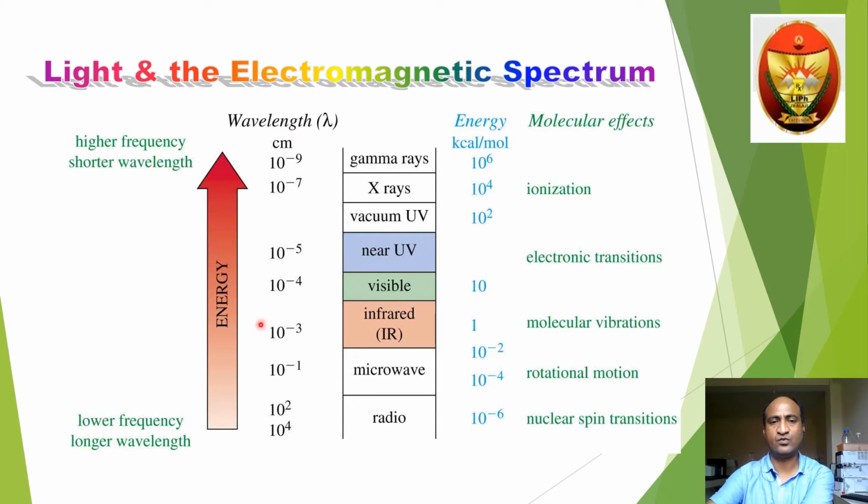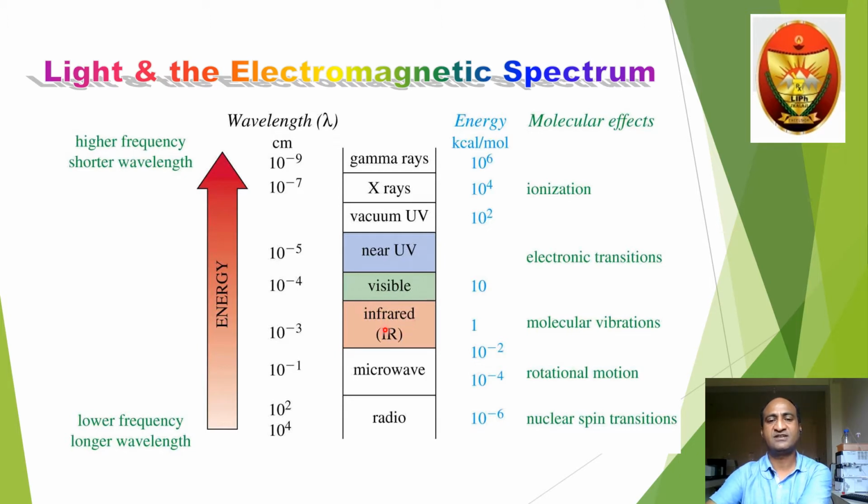Based on the wavelength, the organic compound will show different kinds of changes. In the case of X-ray, there is ionization. UV-visible produces changes in the electronic level, so electronic transitions are recorded in UV-visible.